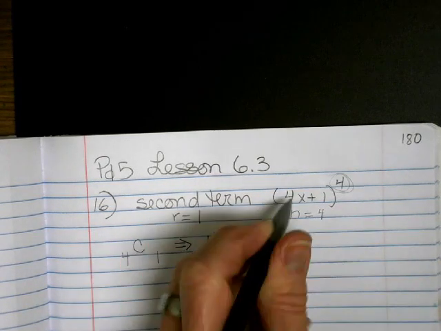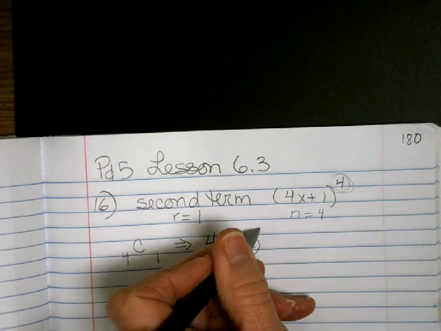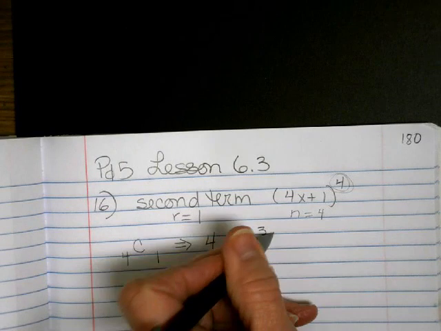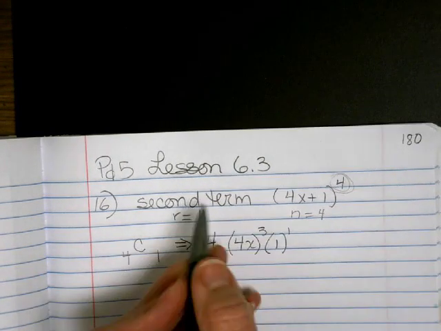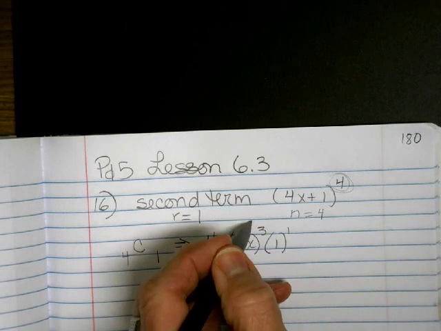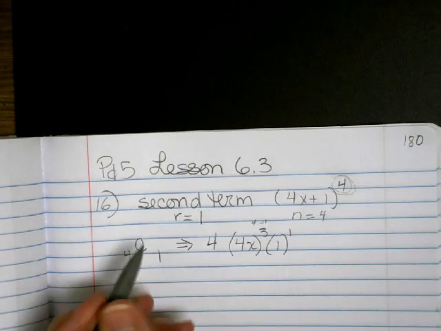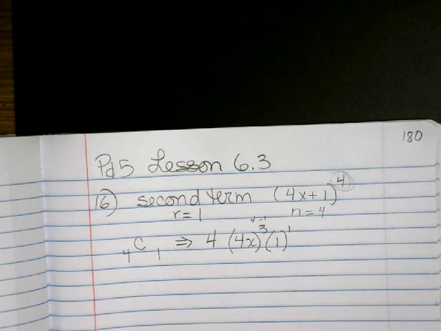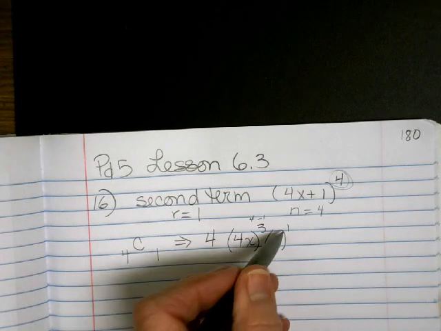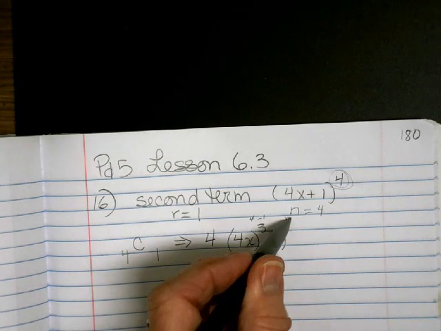Okay, now I take it times my first term to, I go 1 in, so that's to the third power, times my second term to the first power. So this is, remember, I get my 3 from 4 minus 1, n minus r.